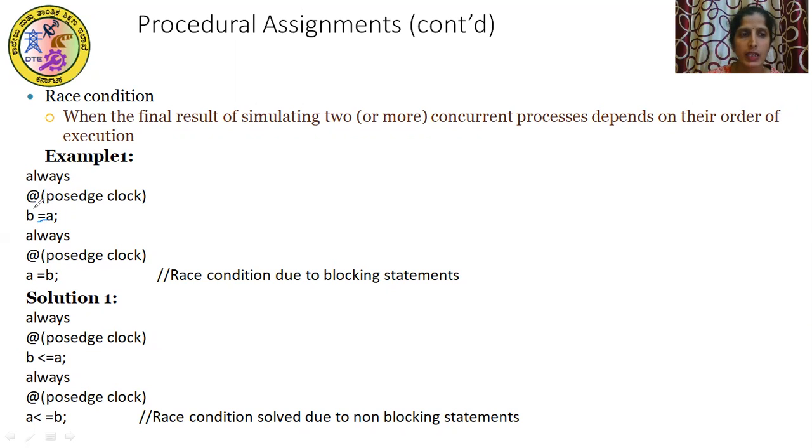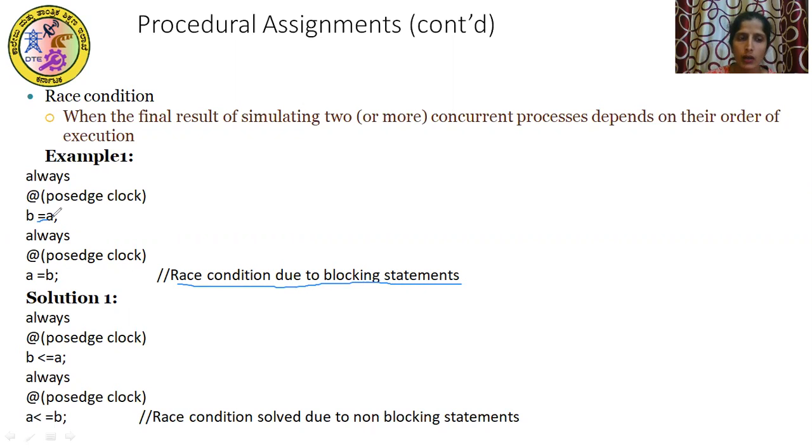Always at positive edge of clock, content in variable A is assigned to variable B. Always at positive edge of clock, content in variable B is assigned to variable A. So here race condition will arise due to blocking assignment statements.